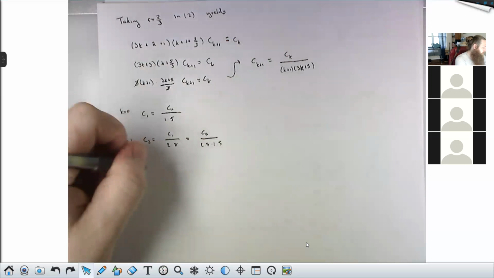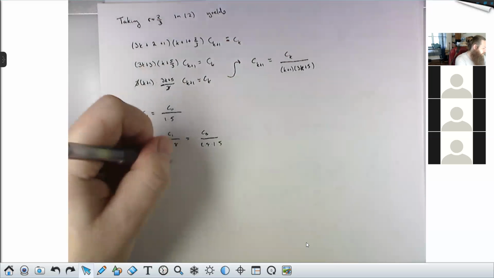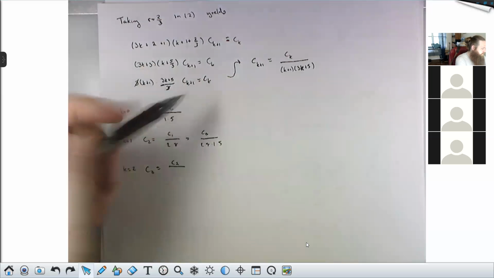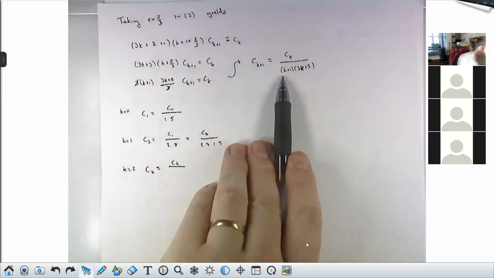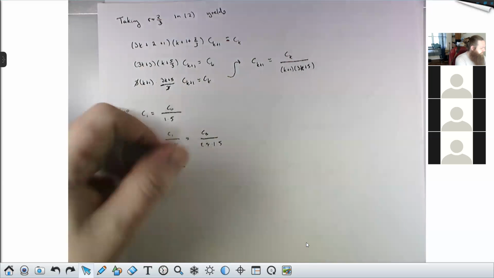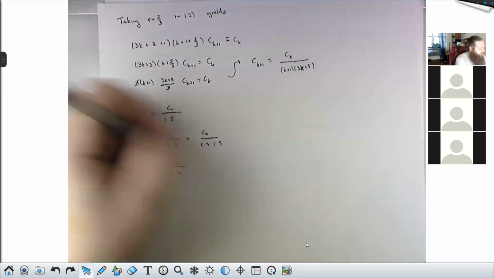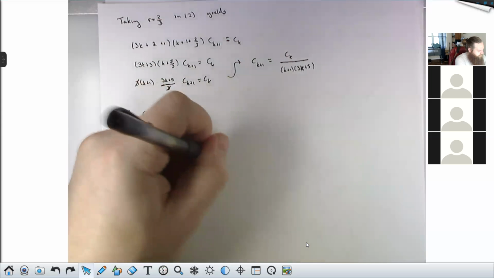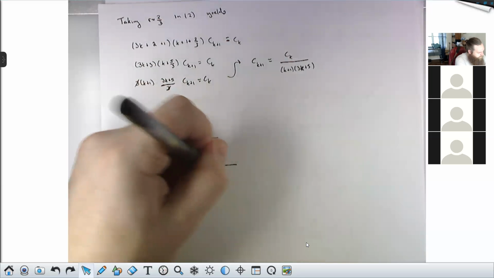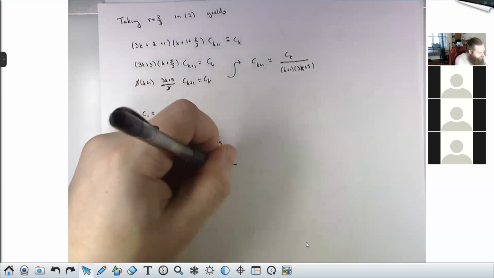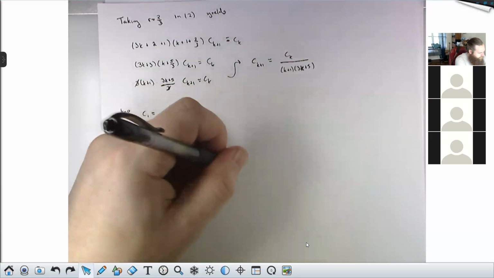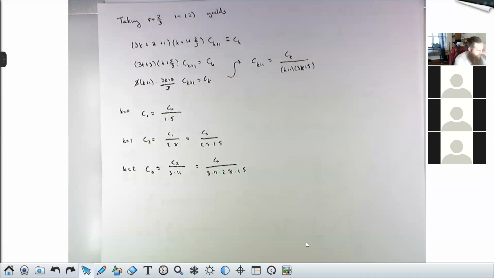You take k equal to 2, you're going to get C3 equals C2 over 3 times 11, which is the same as C0 over 3 times 11 times 2 times 8 times 1 times 5. And I'll do one more.